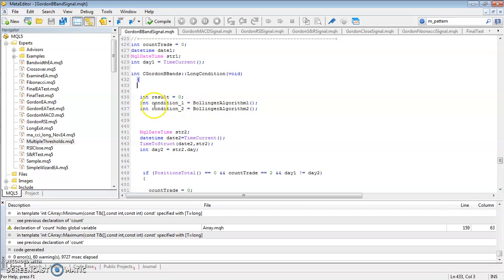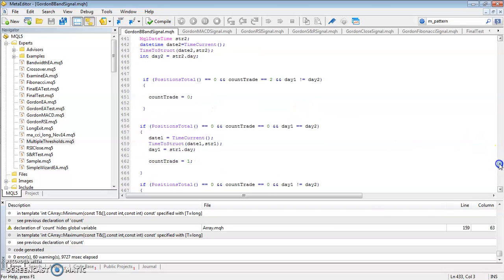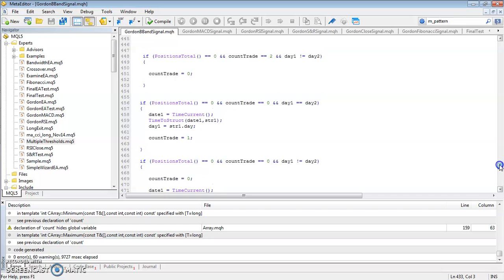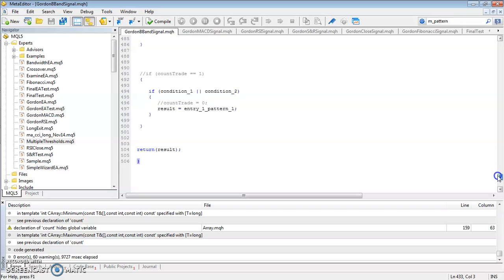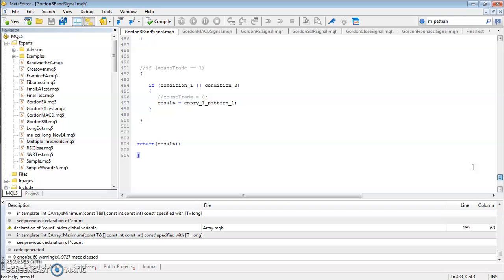And you can see here that condition 1, Bollinger algorithm 1, condition 2, Bollinger algorithm 2, and here is pretty much the logic for that. So this is the main logic right here. If my algorithm is met, or his algorithm is met, then it would trigger a strong signal, a good signal.